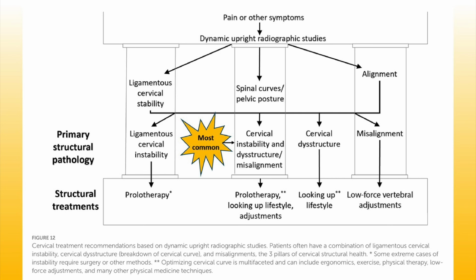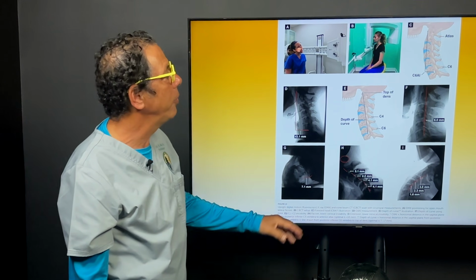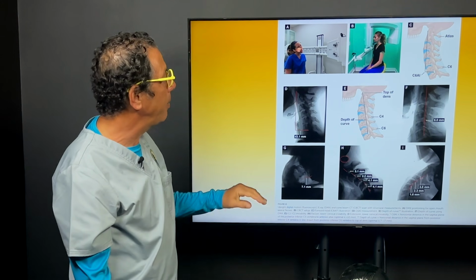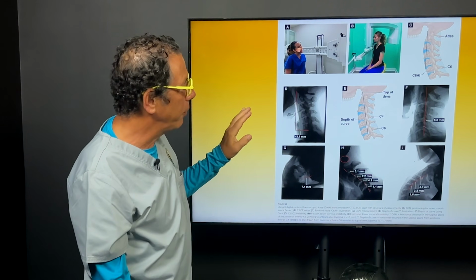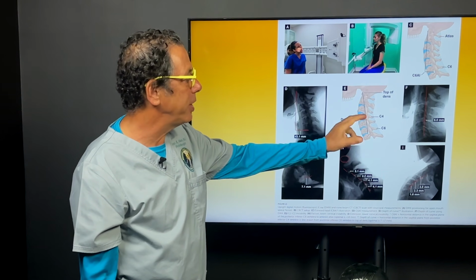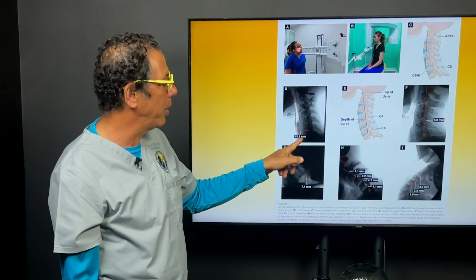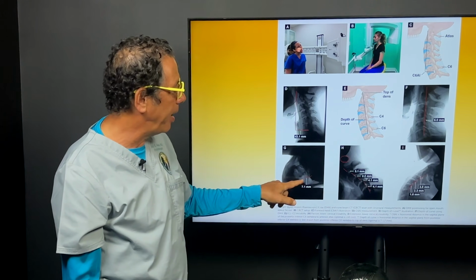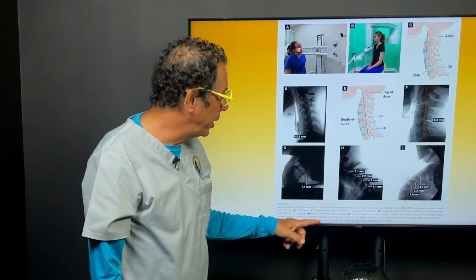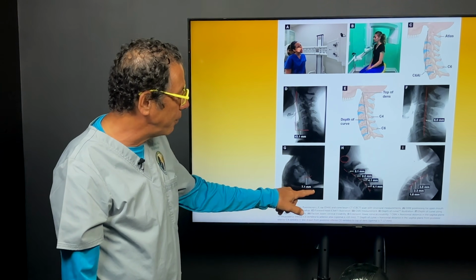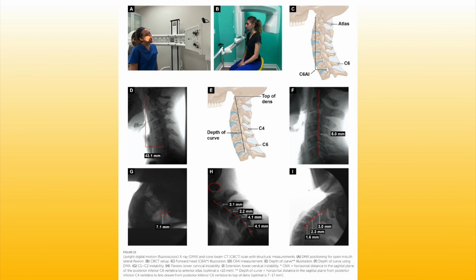And then the cone beam CT scanner that we use to see the 3D anatomy, and then we'll do various testing with different motions, and then we'll do measurements such as the depth of the cervical curve, how forward is the head, whether or not they have upper cervical instability, extension instability, and flexion instability. Here you can see the person had a severe upper cervical instability of 7.1 millimeters on one side, and then multi-level flexion instability. So they're going to need a lot of prolotherapy.